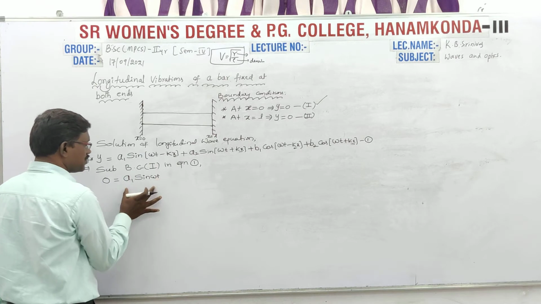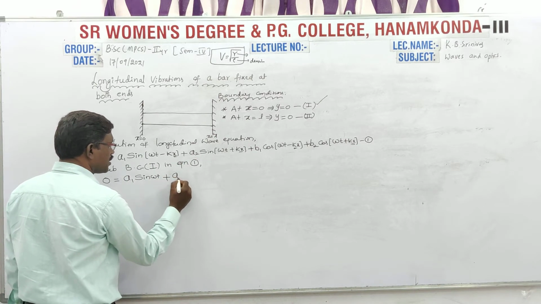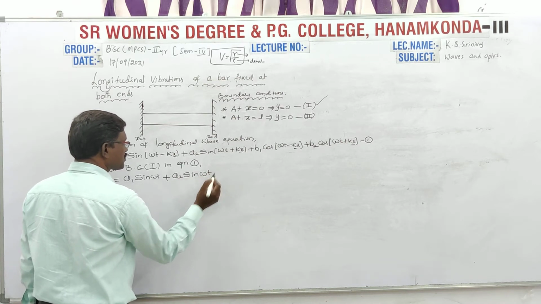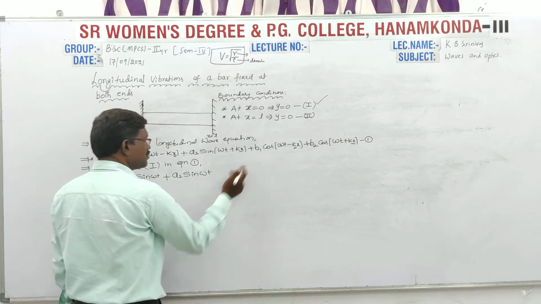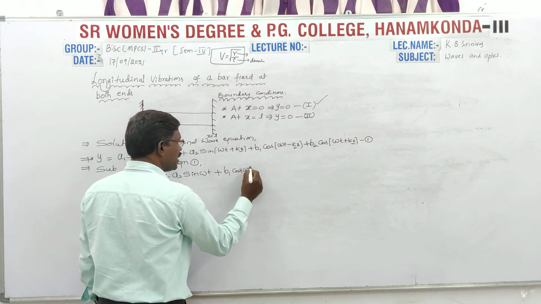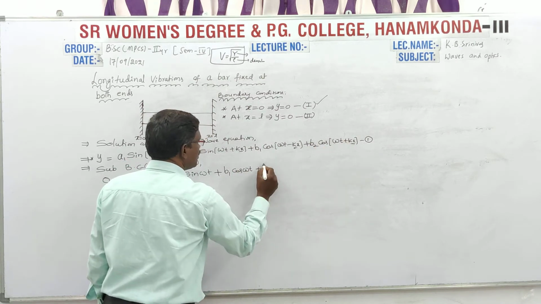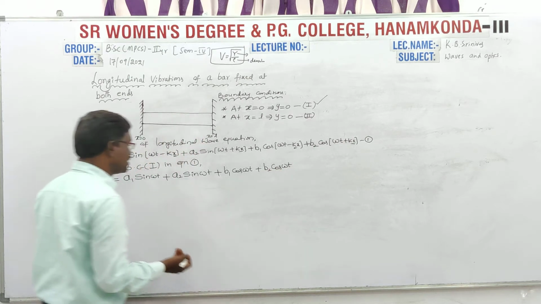What about the second term? Plus a2 sin omega t. Coming to the third term, this is also b1 cos omega t. In the last term, x equal to 0, so this term becomes 0, b2 cos omega t. See the derivation carefully.